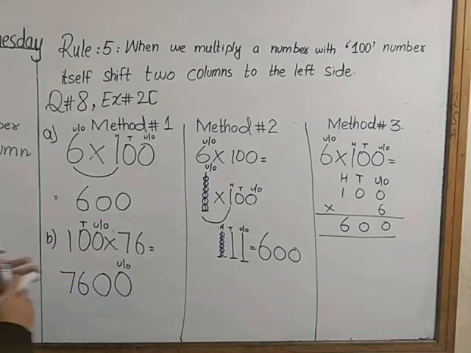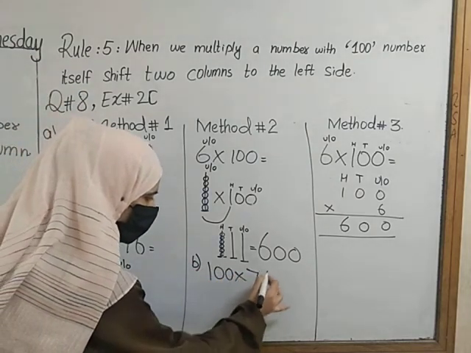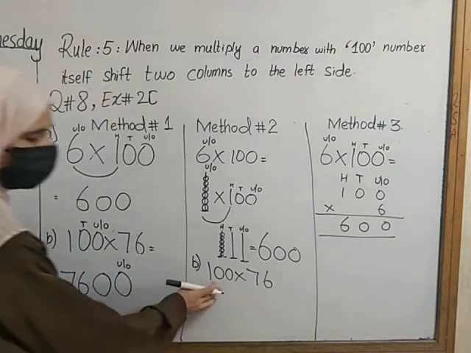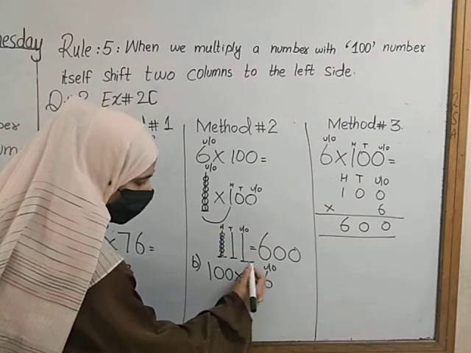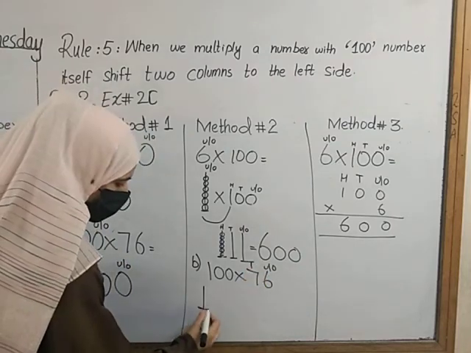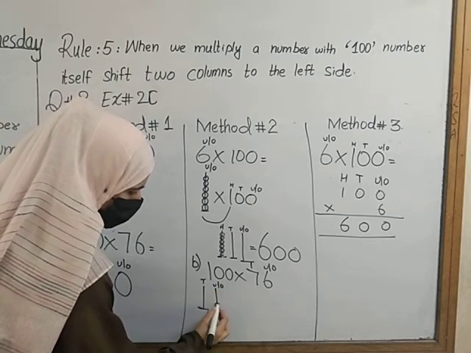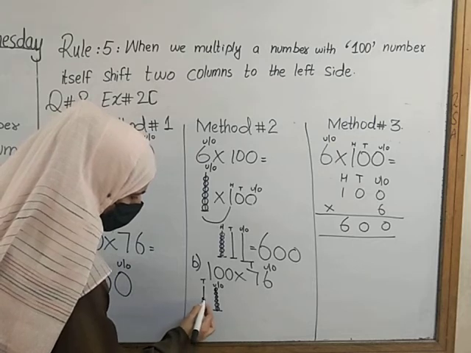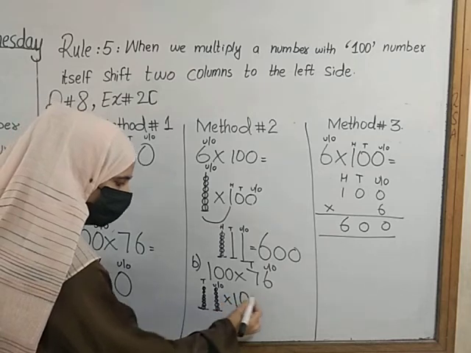Method number 2 is 100 multiplied by 76. Now the number is 76. The second number is 100. Write the number according to the place value. Multiply with 100.